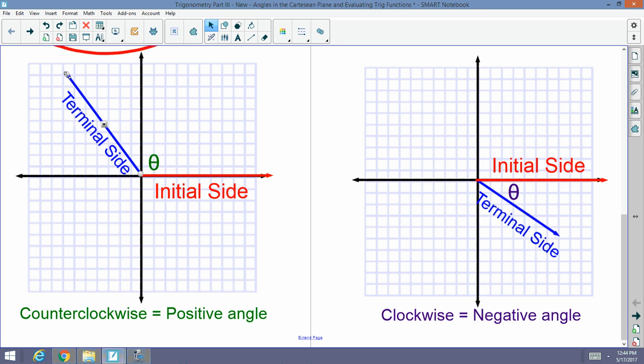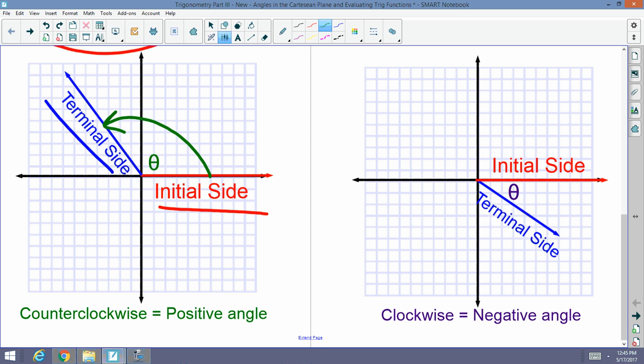When it stops, that's the termination of the angle. So where it stops is called the terminal side. That's why the red here is my initial side. That's where I start. The terminal side is where I end. And the angle actually travels from initial side to terminal side. That's how an angle works.